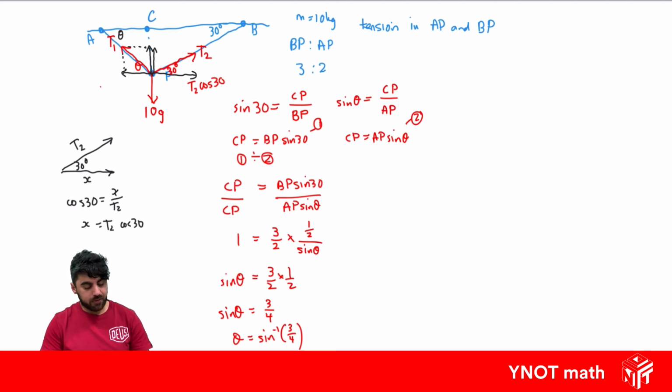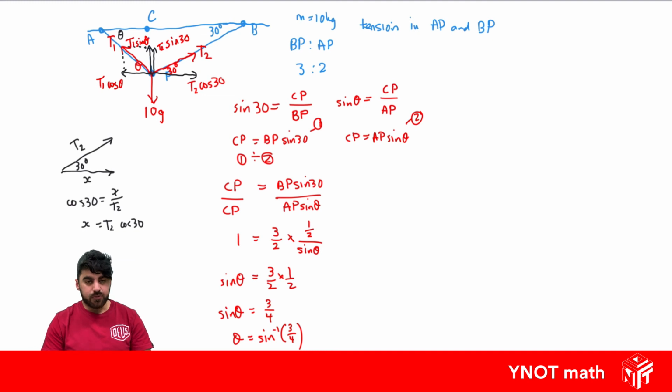And in a very similar way, the y component up here will be T2 sine 30. The x component of T1 will be T1 cos theta. And the y component of T1 will be T1 sine theta.